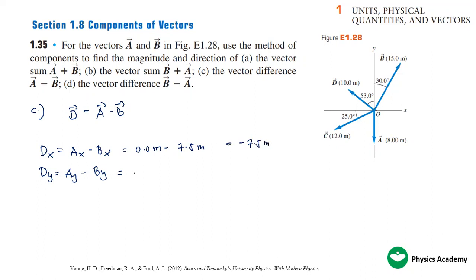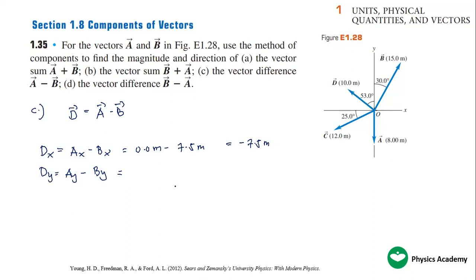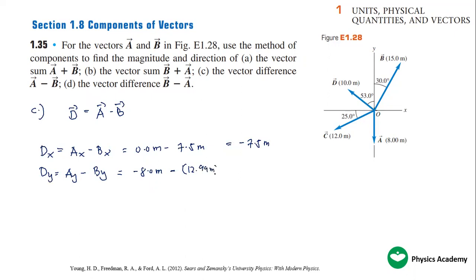And then our AY, what is our AY? AY is negative 8.0 meters. Our BY is 12.99 meters. So we have negative 8 minus 12.99, which gives us negative 20.99 meters.